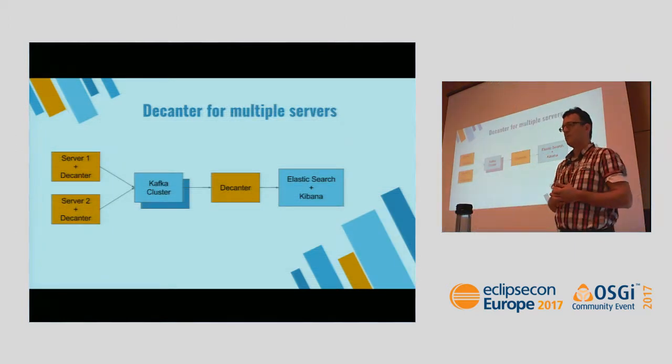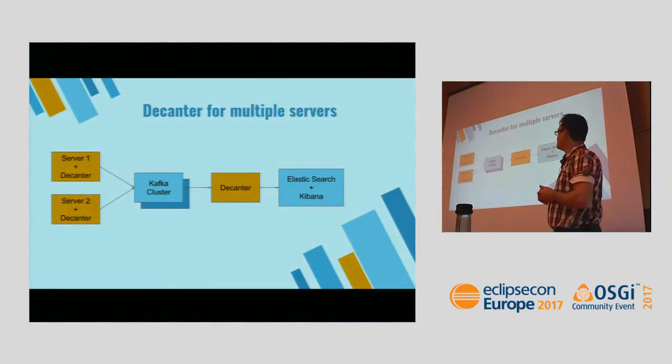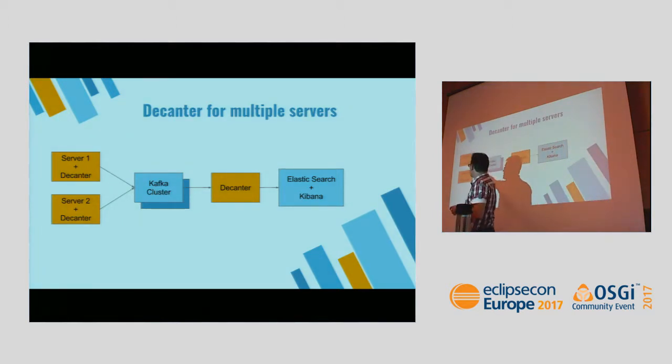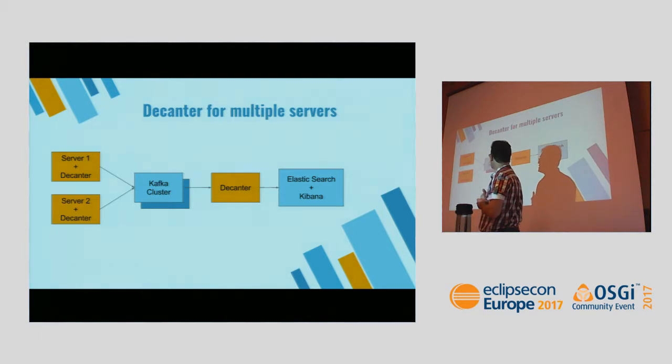So for multiple servers, Kafka is a nice solution in between. You can also send directly to an Elasticsearch cluster, but in many cases, it's likely the ELK stack is also set up in many enterprise environments. You have several servers that are enhanced for logging to Kafka. With Decanter, you can do that inline. With the ELK stack, you would have these Beat components externally.